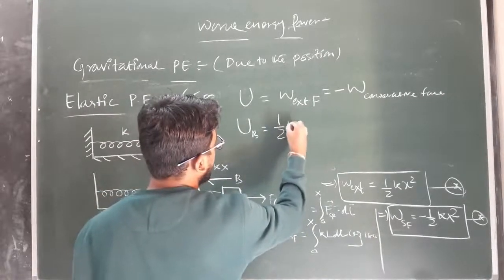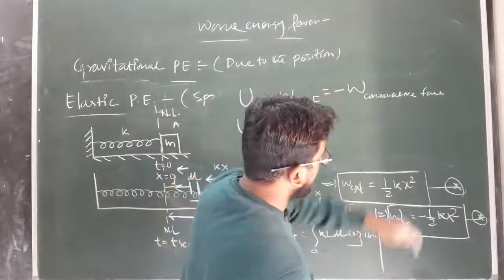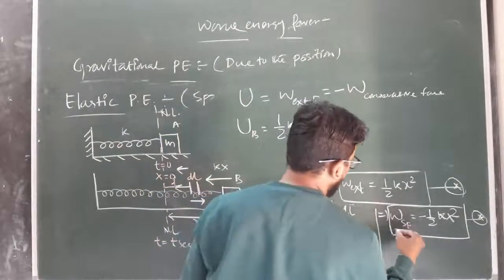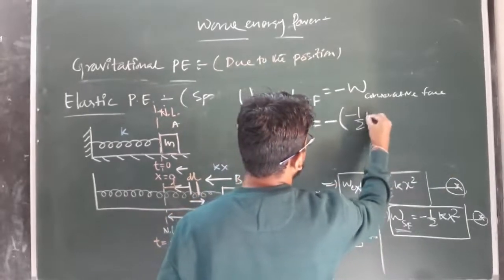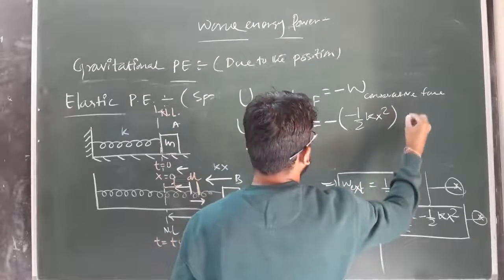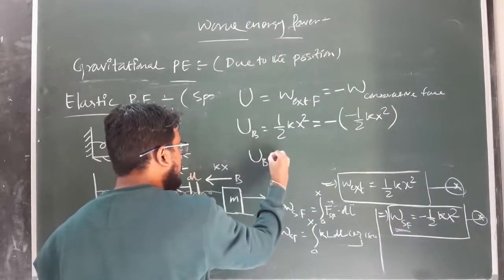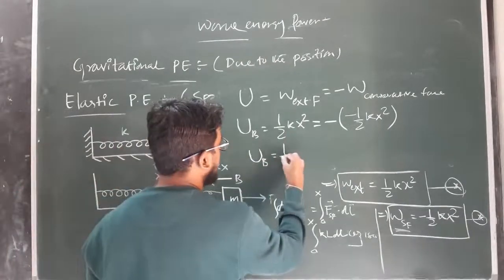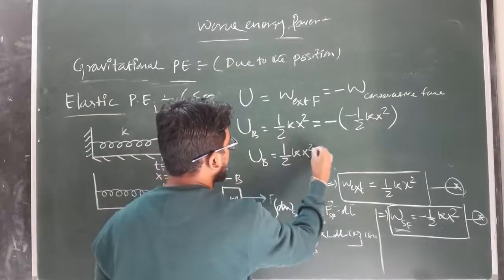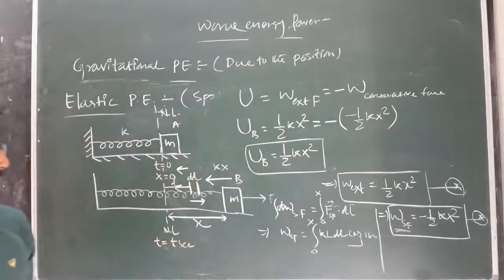Half kx square. Or if we consider the negative of work done by conservative force, our spring force is a conservative force, so minus of minus half kx square. Clear? So the potential energy stored within the spring at position B due to an elongation of x is how much? Half kx square, where x is the elongation of the spring.